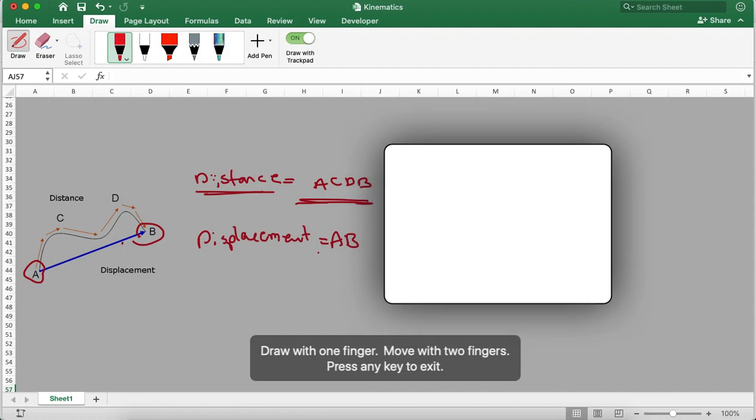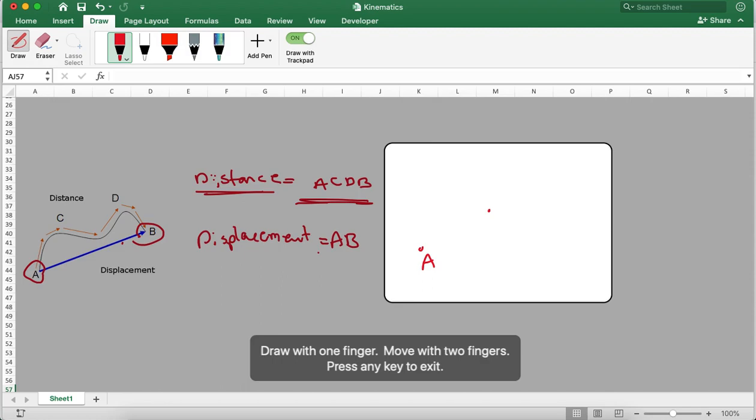I will consider one more example. There is a point A and a point B. An object starts from point A, reaches point B, and again starts from B and reaches point A. In this case, the starting point and ending point are the same because the object has returned.